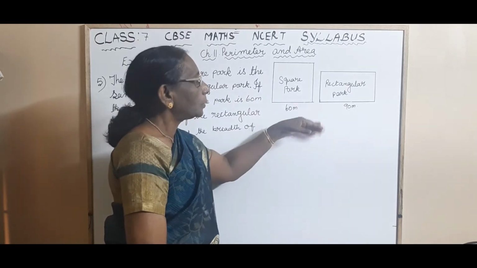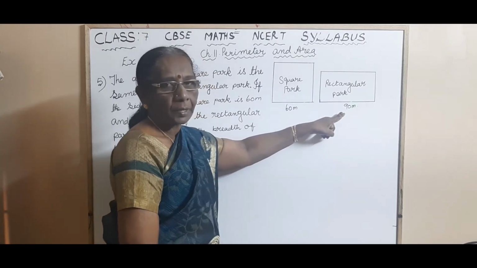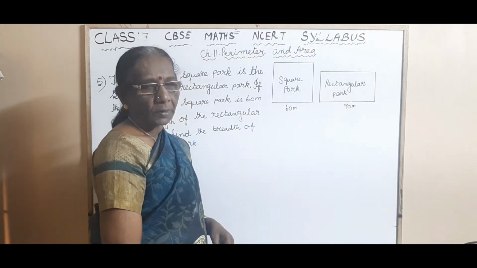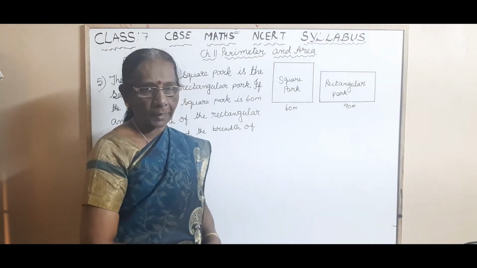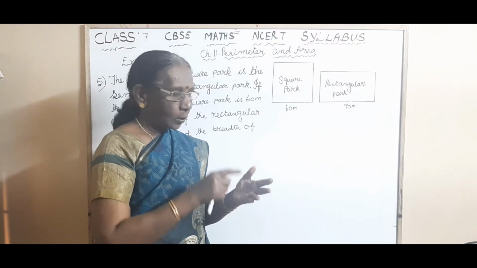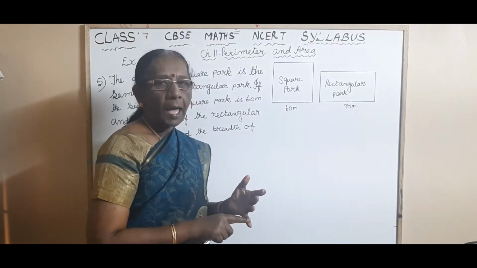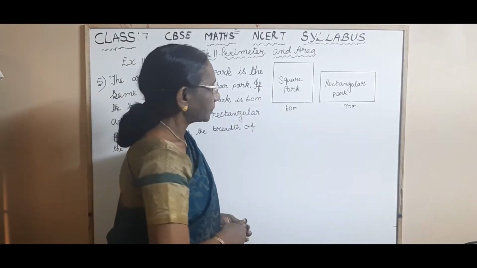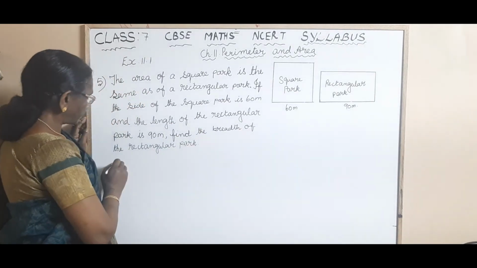Second step, using that 3600 meter square and 90, we can find the breadth. What's the formula for finding the area of a rectangle? Length into breadth, isn't it? So using area and length, we can find the breadth. That's all, two steps. Now, let us move to the first step.